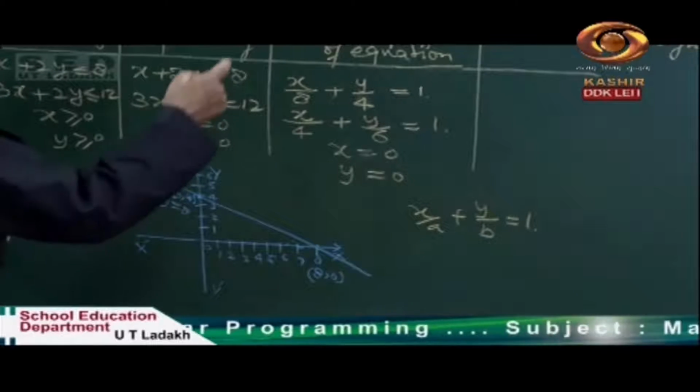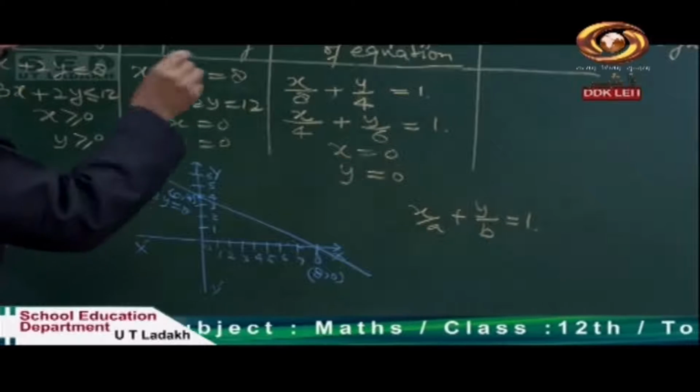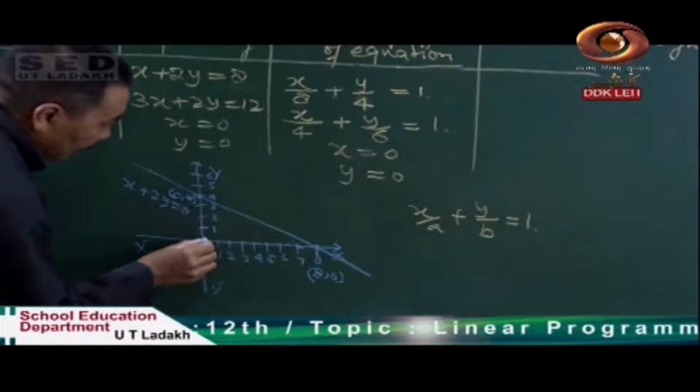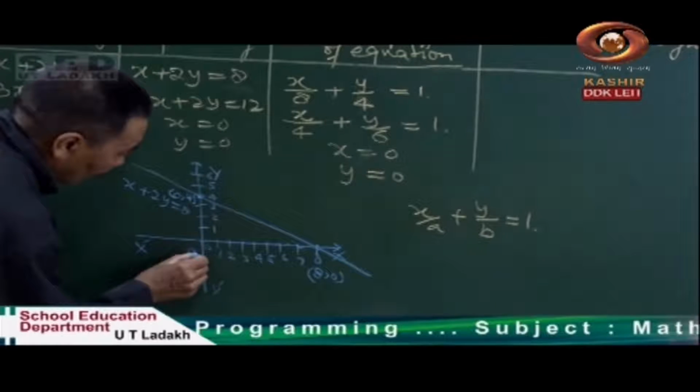Now if we look for the feasible region, then we choose a point over here. Usually we choose the origin point, say 0, 0.